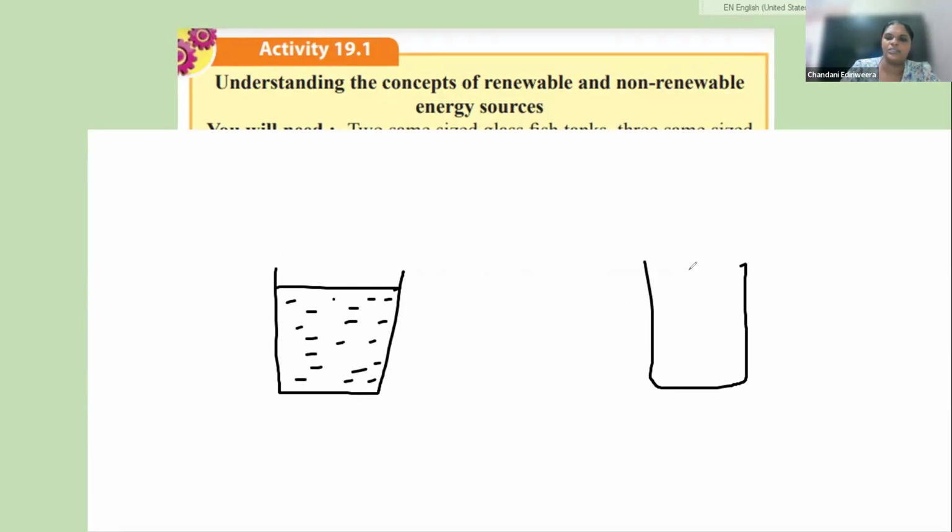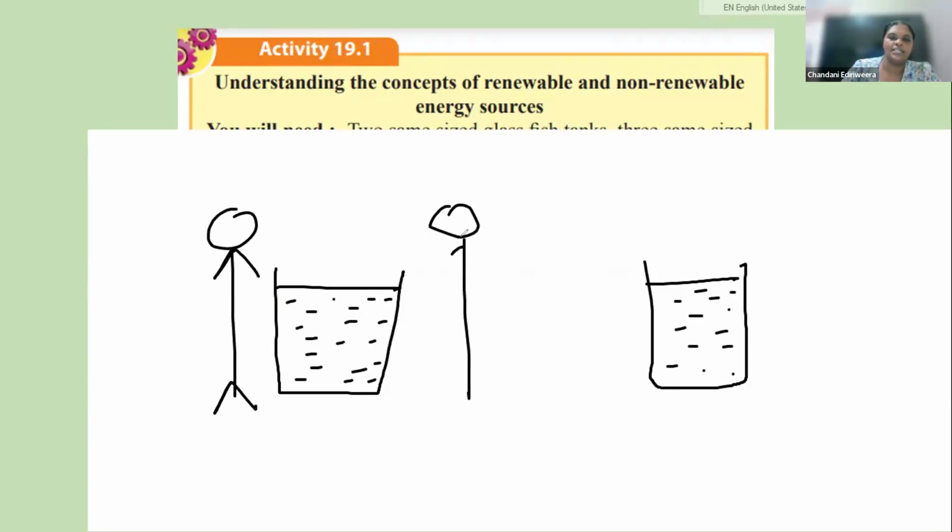Now consider there are two tanks filled with water, right? I'm just going to explain. Both are filled with water. This is tank A, and at the first tank, two students are there. They have equal sized cups.